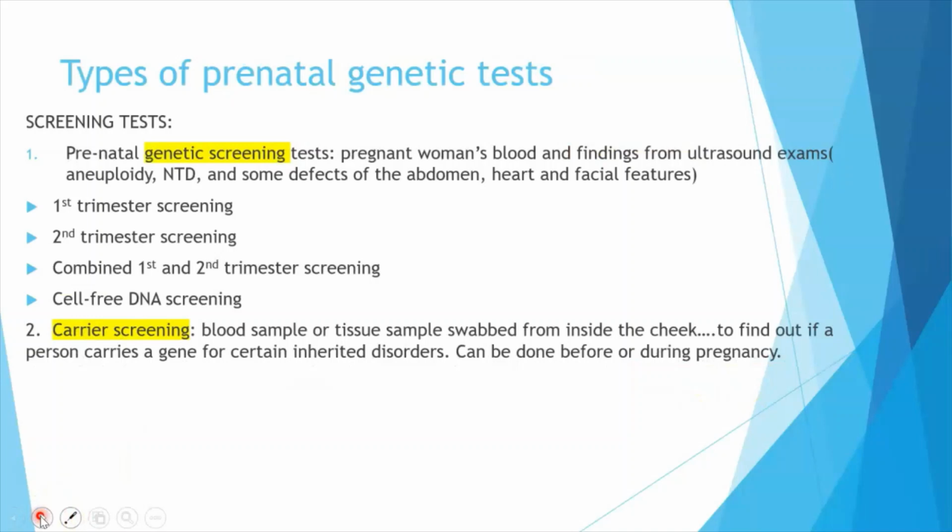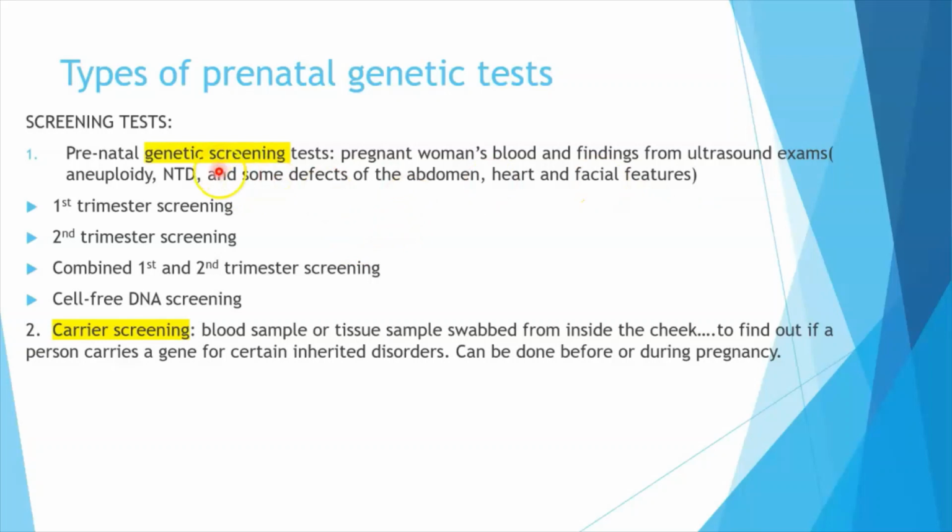Now, what are the different types of prenatal genetic tests? First is prenatal genetic screening tests, and second is carrier screening. First, prenatal genetic screening tests are done on the pregnant woman's blood and findings from ultrasound exams. They detect aneuploidy, neural tube defects, and some defects of the abdomen, heart, and facial features.